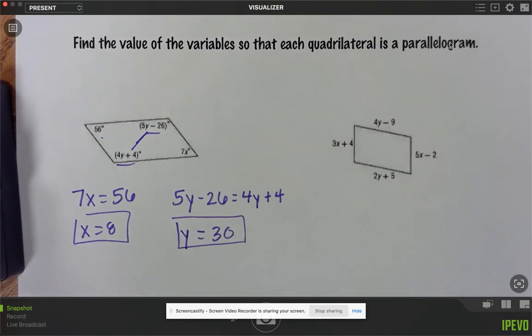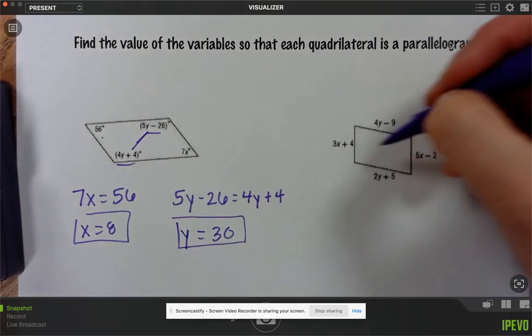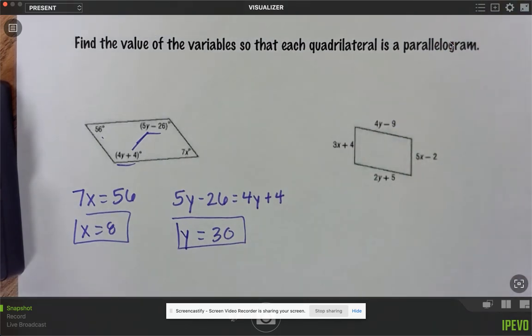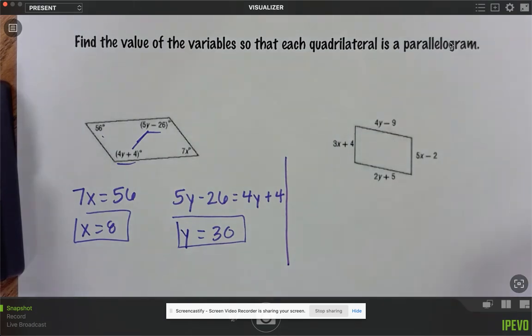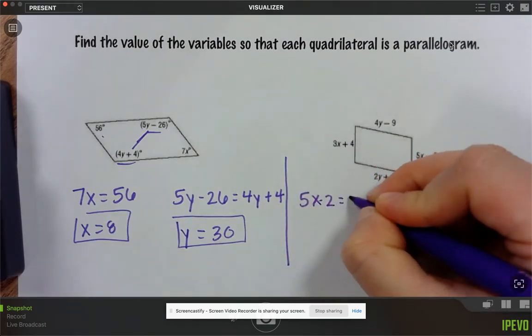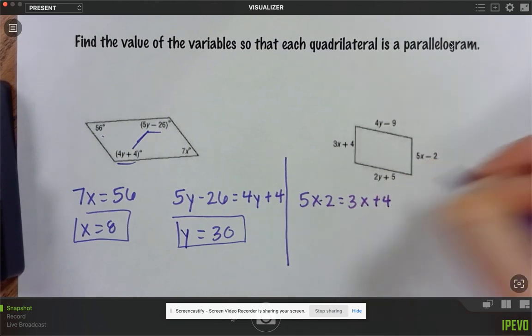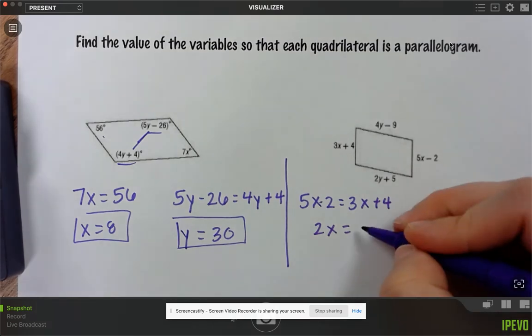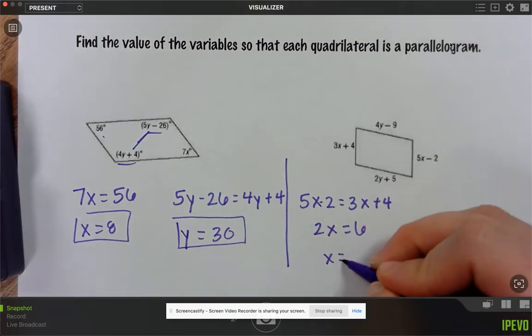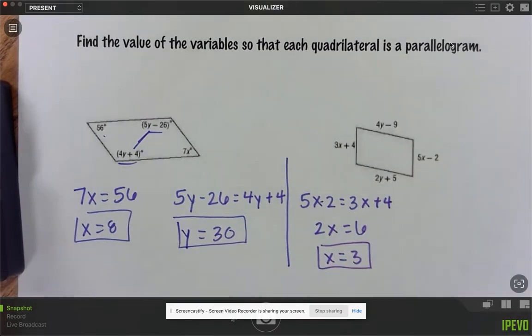And our last one here, we know that opposite sides are equal. So again, let's just start with x. So we're going to have 5x minus 2 equals 3x plus 4. Again, get your variables to one side, your numbers to the other, divide out. Hopefully you got x equals 3.